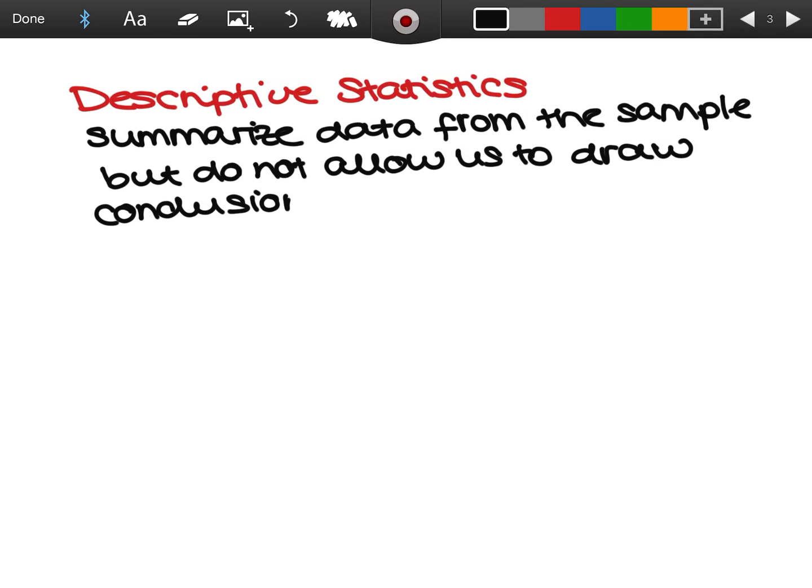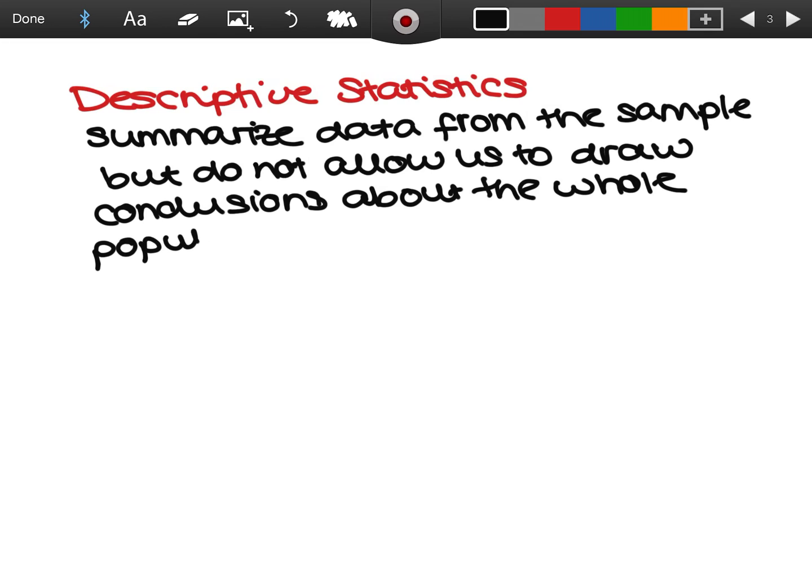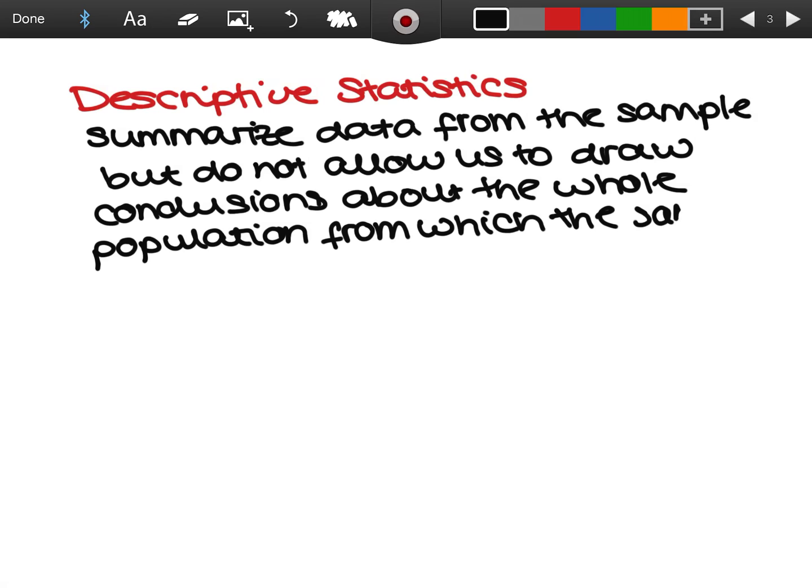The last couple of terms that you'll need to know for this course are two different types of statistics. First one is called descriptive statistics. Descriptive statistics summarize data in a meaningful way so that we can analyze it, but they're just summarizing data about the sample.